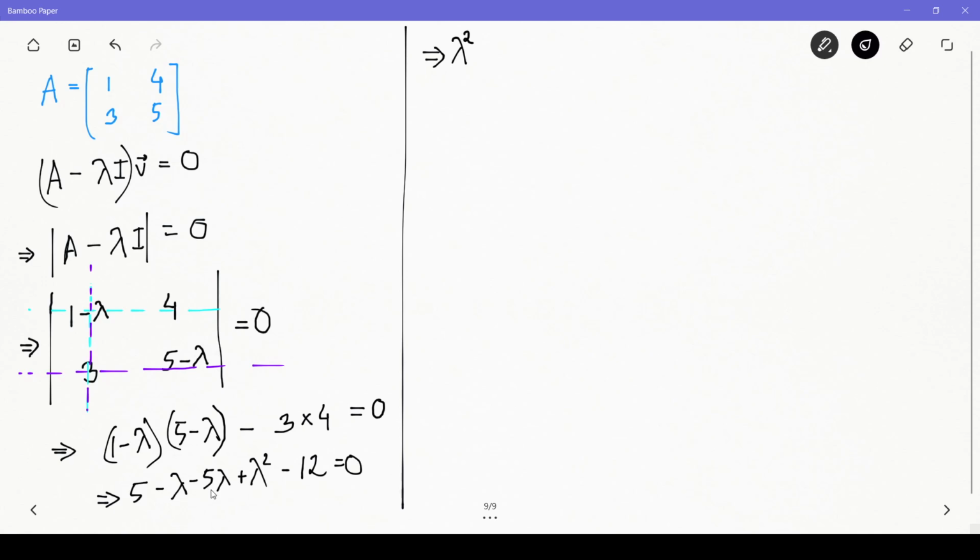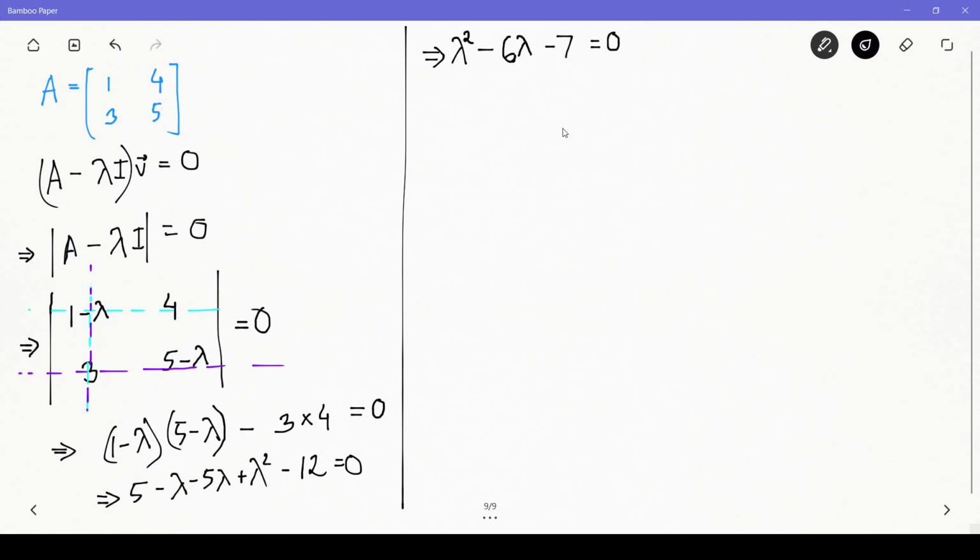Then minus 5 lambda and minus lambda gives me minus 6 lambda, right? We have minus 12 plus 5, which is minus 7, right? This gives me a quadratic characteristic equation, which is lambda square minus 6 lambda minus 7 is equal to 0.